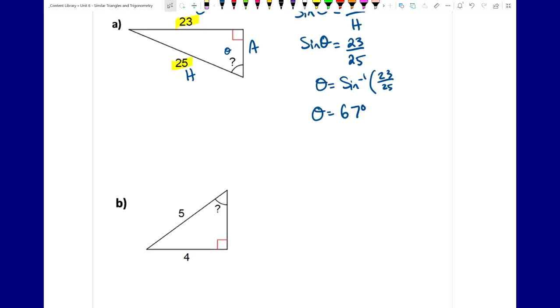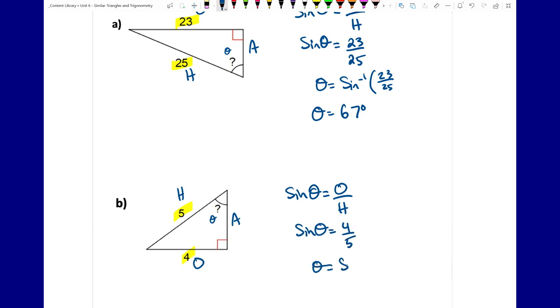For B, again, same idea. We have our reference angle, our unknown. We can label our sides. Opposite over hypotenuse, right? Those are the two sides we're dealing with. So sine, again, sine theta equals O/H. Sine of an unknown angle is equal to 4/5.